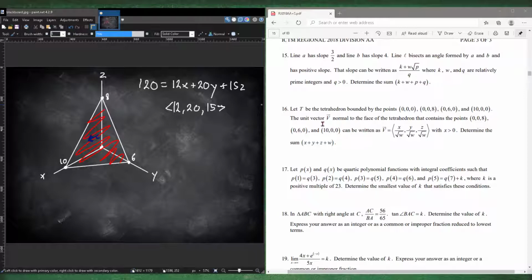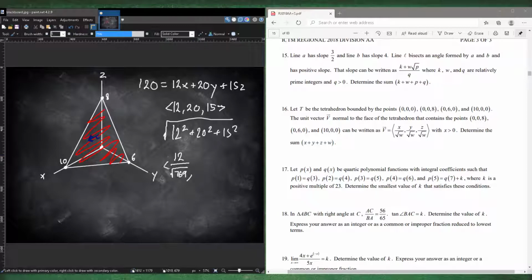So how do we get it into a unit normal vector? Well, basically, if you do the magnitude of this, this is the square root of 12 squared plus 20 squared plus 15 squared. That is our magnitude. For a unit normal vector, this magnitude has to equal 1, but this is not equal to 1. So what we could do is just divide this entire vector by this magnitude so it becomes 1. So it'll be 12 divided by this number, and we could just put it on a calculator. 12 squared plus 20 squared plus 15 squared is equal to the square root of 769.